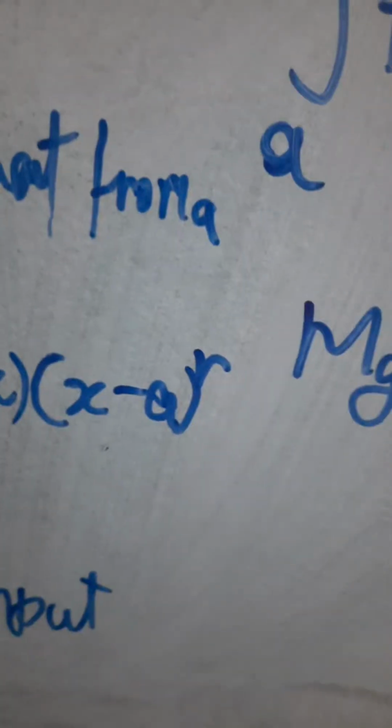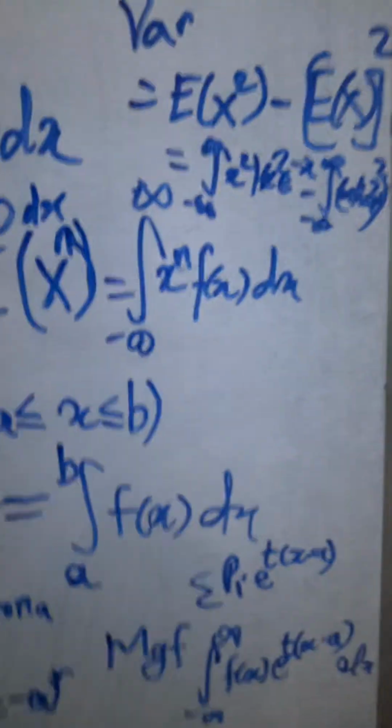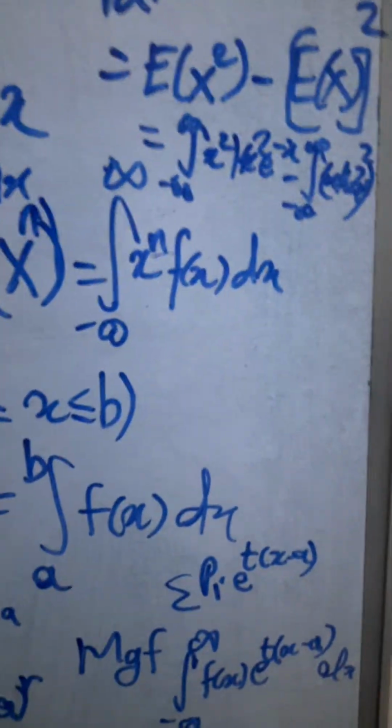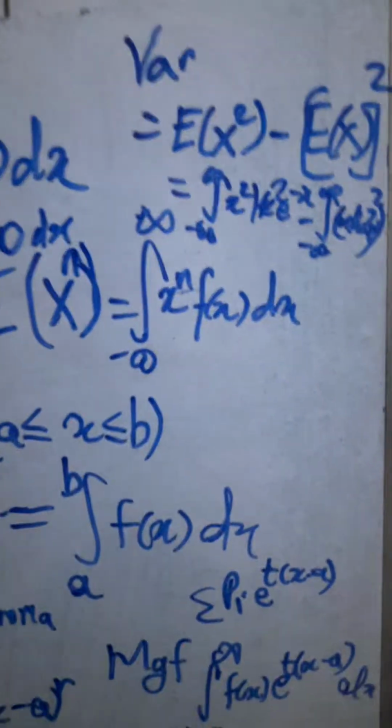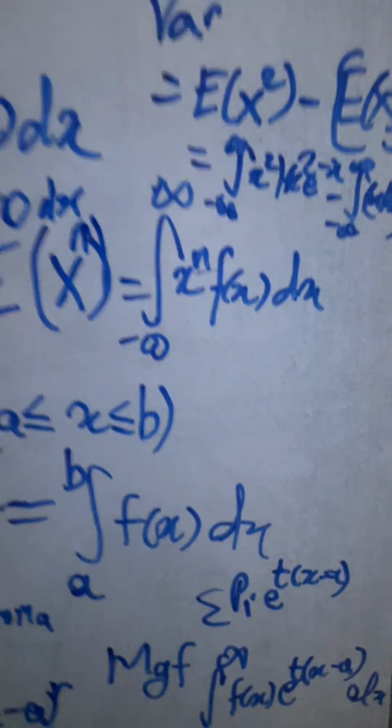That's why we keep these inputs. So x minus a would be there, a always a constant, and with x we mostly do minus anyway. And r is the power, simple stuff. So it stays the same for a discrete random variable too. And integration of x raised to n times f of x dx. So all that stuff is here.